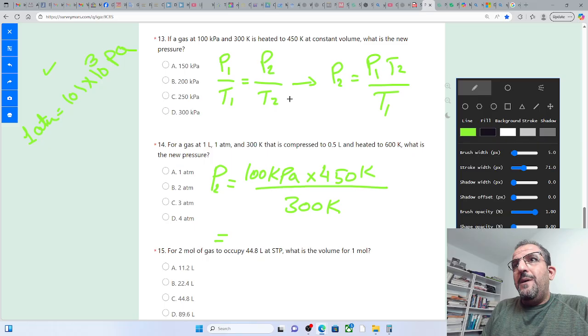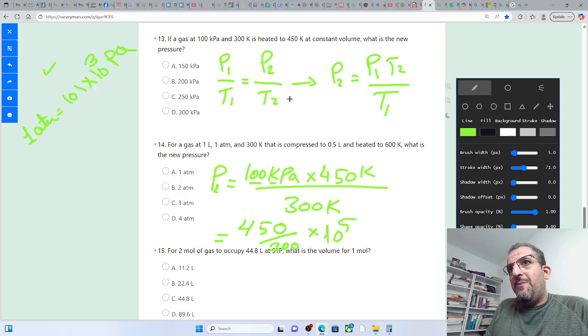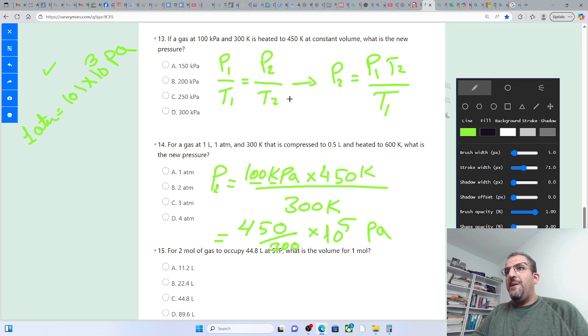So now we have 100 and 450, so that's going to give me 450. Okay, that's right. So we have 450 divided by 300, and we have 100 from here, and we have kilo from here, so that means we have 10 to the power 5 Pascal.